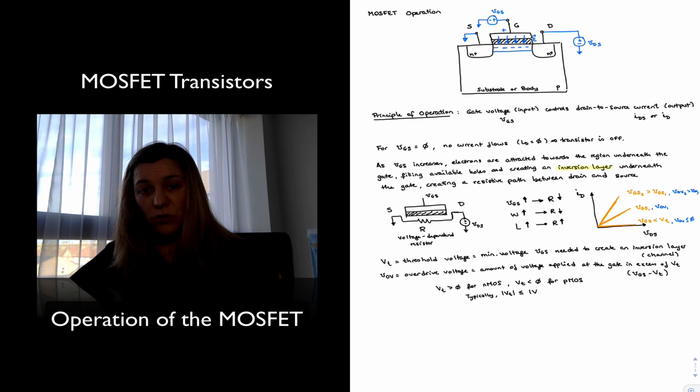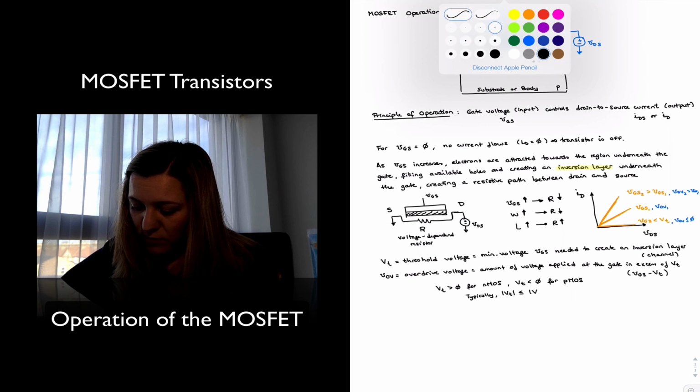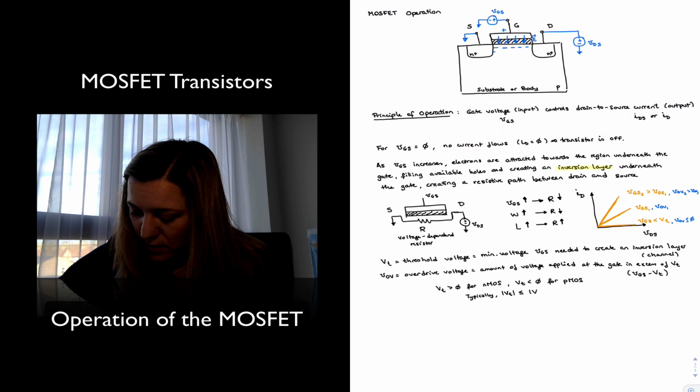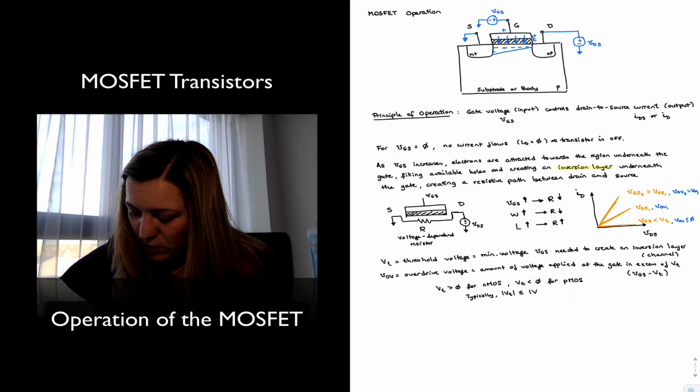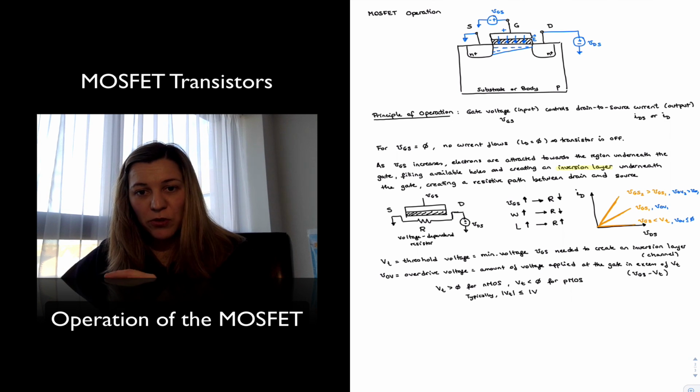It comes to a point, though, where as I keep increasing VDS, my channel starts tapering on the drain side. So in essence, what happens is as my VDS goes up, my N-type channel starts taking a shape like this. I'm exaggerating it a little bit. A shape like that, where it's more tapered on the drain side.